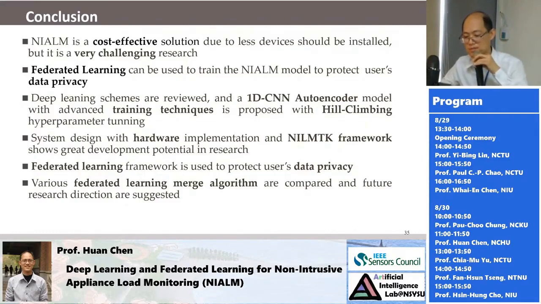Deep learning schemes are reviewed. We have reviewed several deep learning methods, and in particular, we use the one-dimensional convolutional neural network autoencoder model with advanced training and tuning techniques, with the meta-heuristic known as the hill climbing method to tune our hyperparameter, the learning rate.